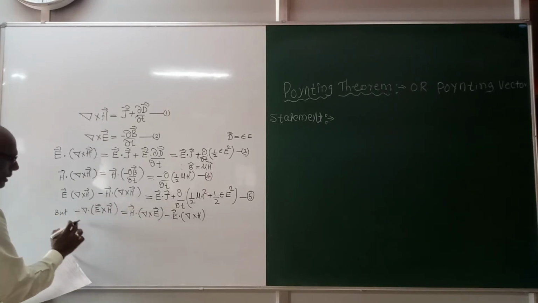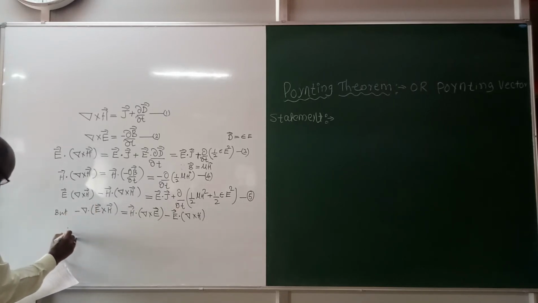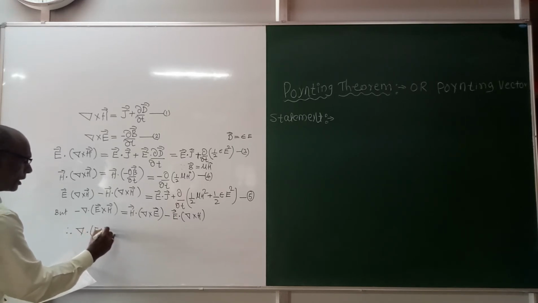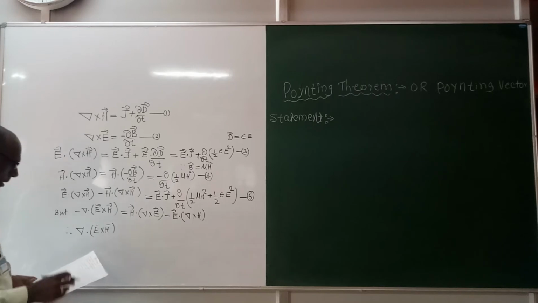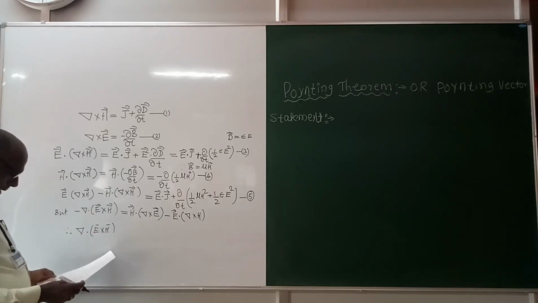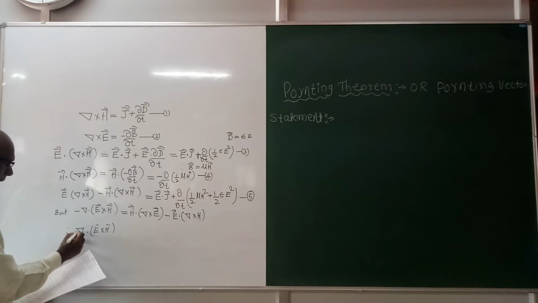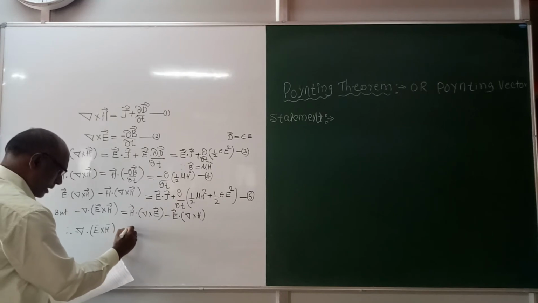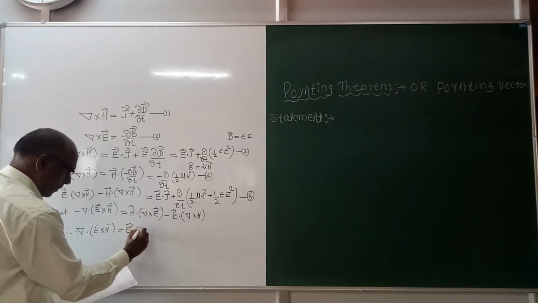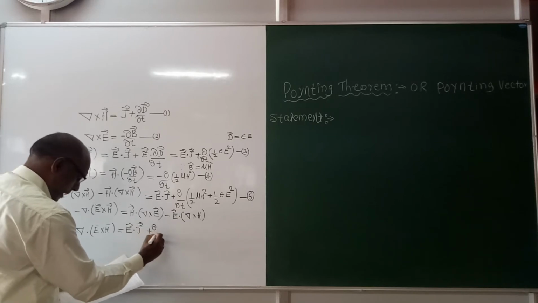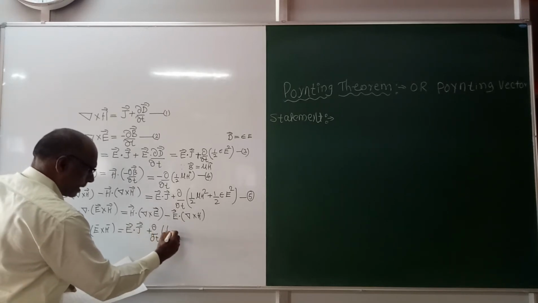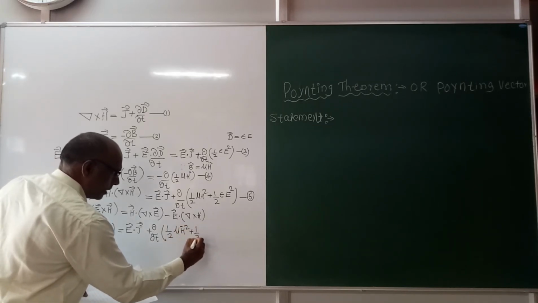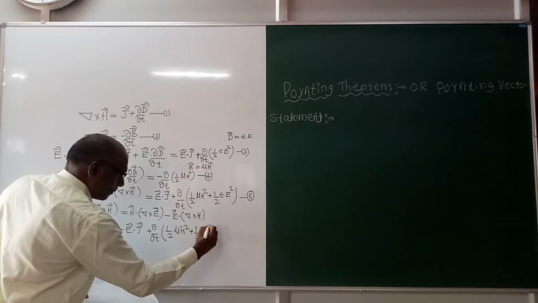The LHS is replaced by this, therefore minus del dot E cross H, we are taking only this with a minus sign here, is equal to E dot J plus dou by dou T of half mu H square plus half epsilon naught E square.